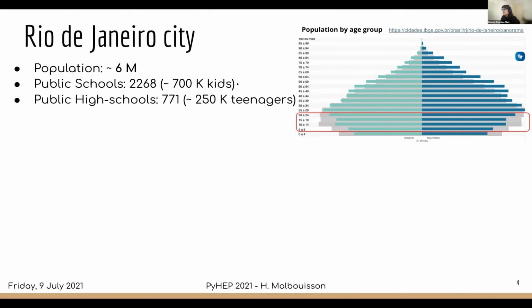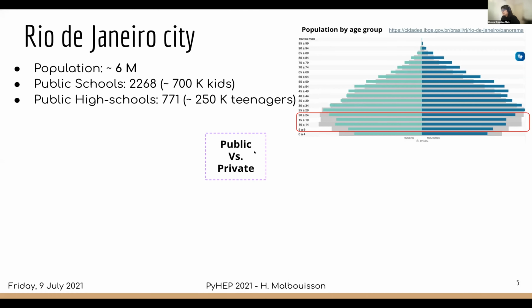So we can have an idea already from this transition from school to high school that there is some sort of evasion, and we can interpret this. One of the aspects of this might be the lack of opportunities for these kids.